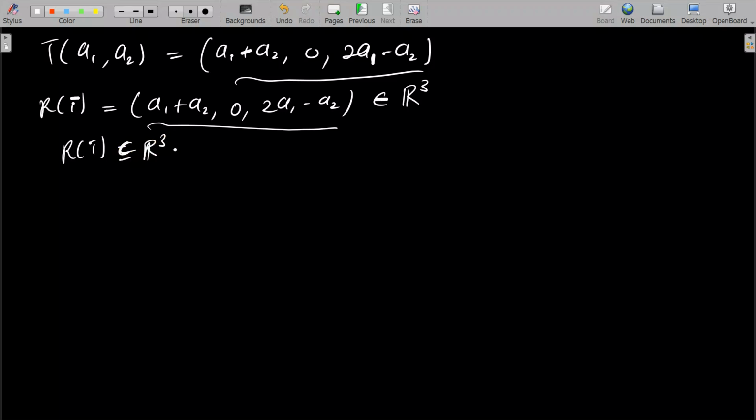The other part to show that will conclude that R of T is actually equal to R3 is that R3 is also a subset of R of T, then we are done, right? But let's look at this vector.